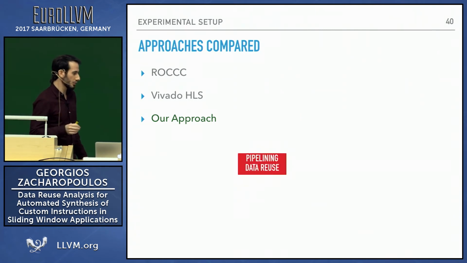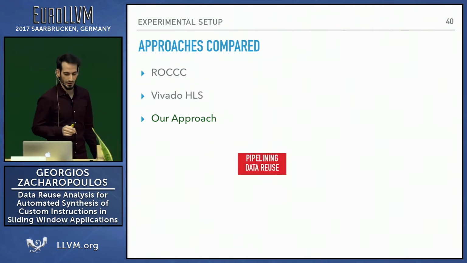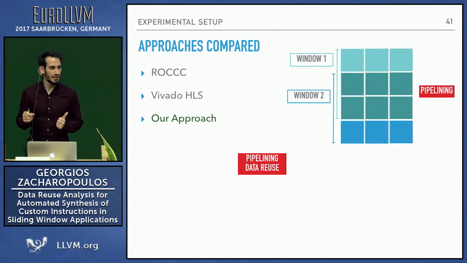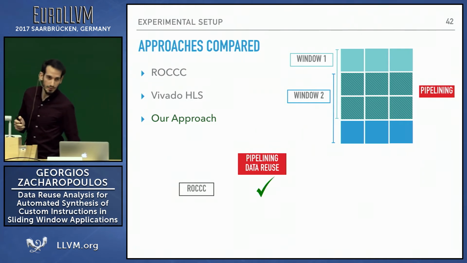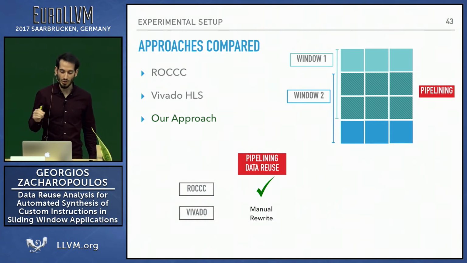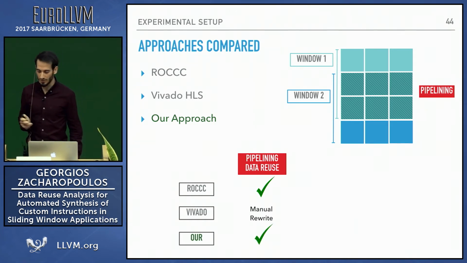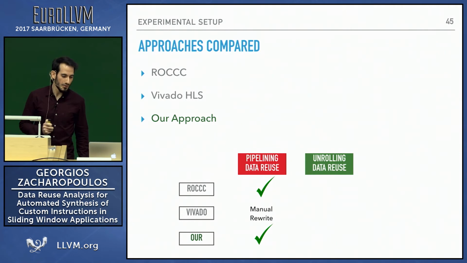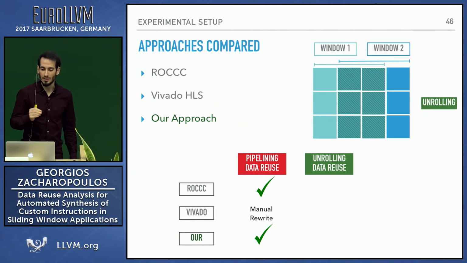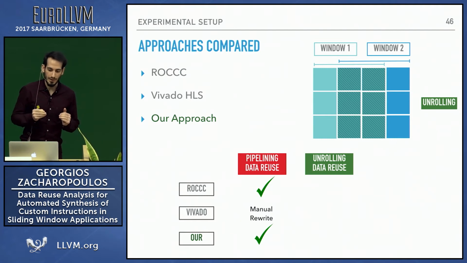So what are the 3 features that we're most interested in targeting? First, pipelining data reuse, which I remind you is the data reuse among consecutive iterations. This is supported by Rocc, supported by Vivado only after extensive manual rewrites of the code, and supported by our approach. Second, unrolling data reuse, which is the data reuse that can be exploited by having parallel data paths.